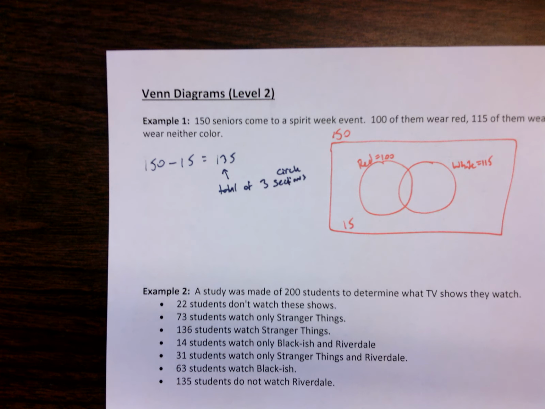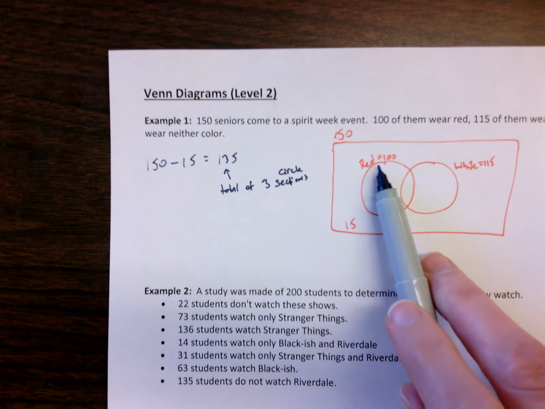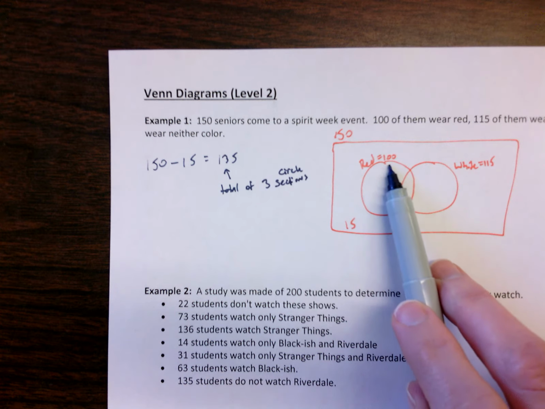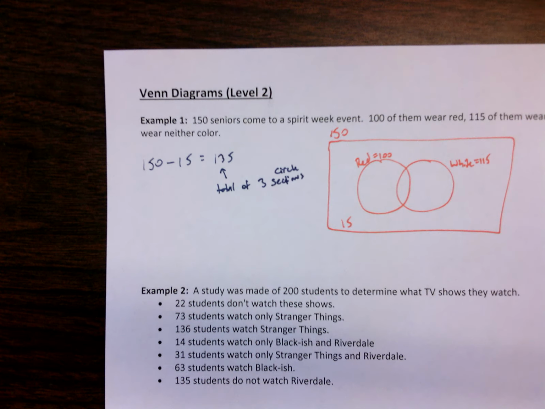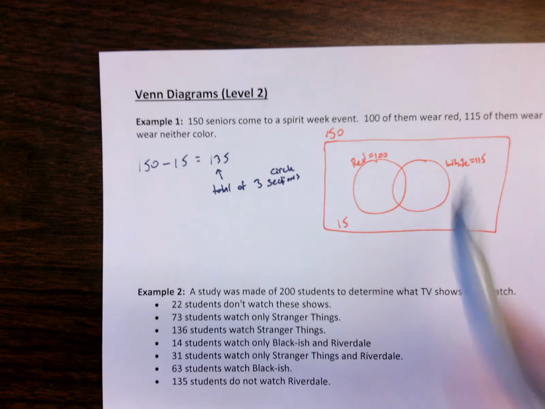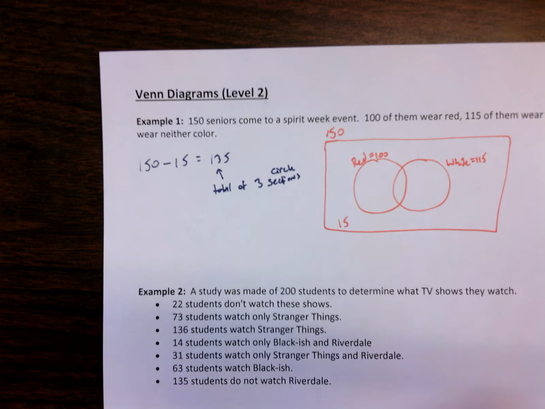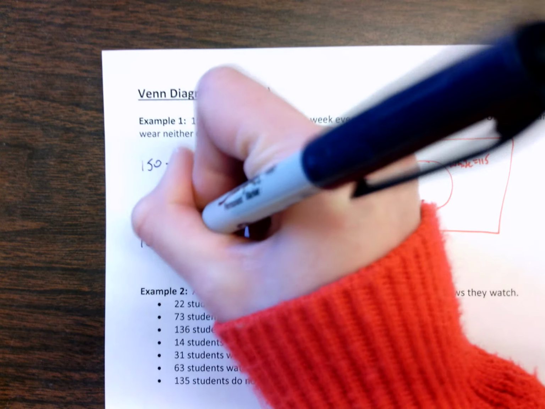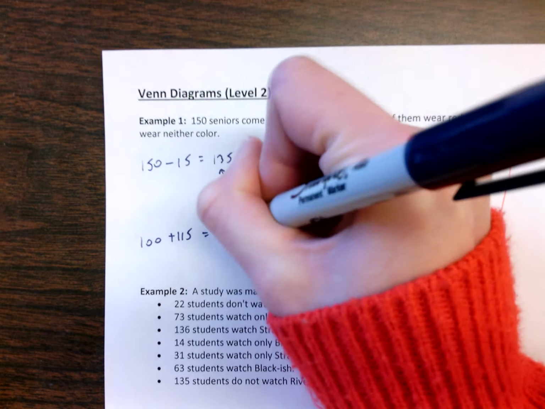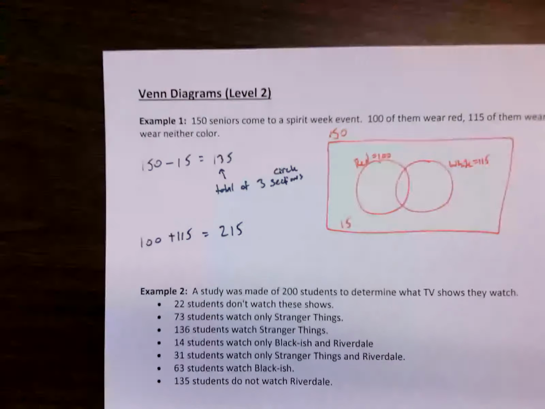All right, well, if I just add up what we have, right, the 100 people who are wearing red and 115 who are wearing white. Okay, so if I take the 100 people wearing red, 115 wearing white, that adds up to 215 people.